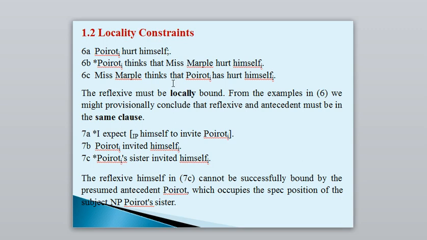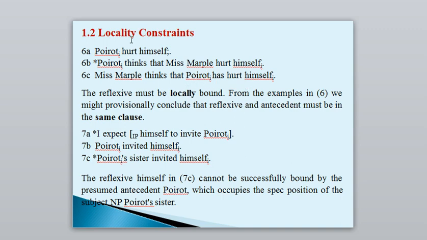And look at example number 3. Miss Marple thinks that Poirot has hurt himself, and this is okay because himself as a masculine reflexive pronoun can come back to the Poirot as the masculine reference, and there is an antecedent and there is no problem.